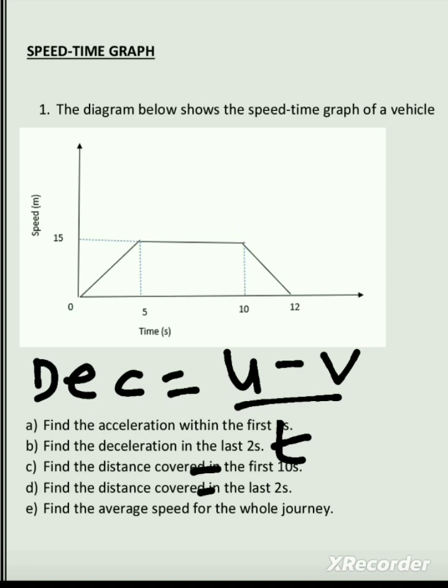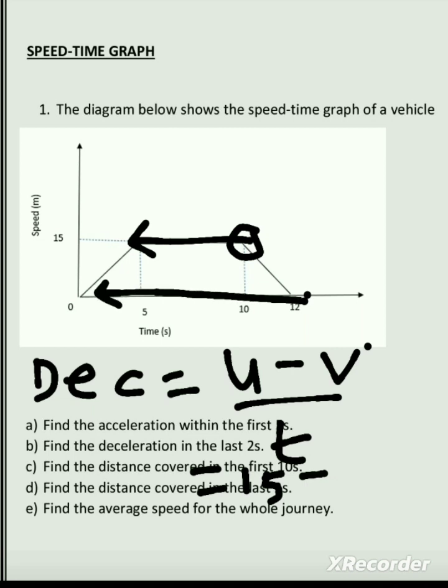So u is the initial speed or initial velocity, which is the speed here, in this case 15. So it's 15 minus the final velocity, which is the velocity here where the journey ends, 0, over time, which is 2 seconds.